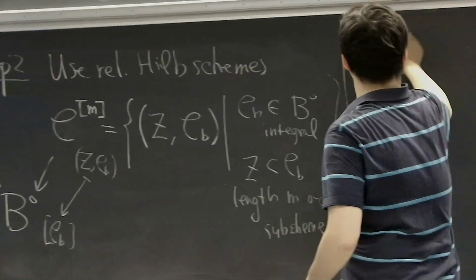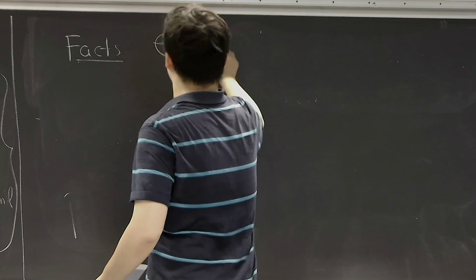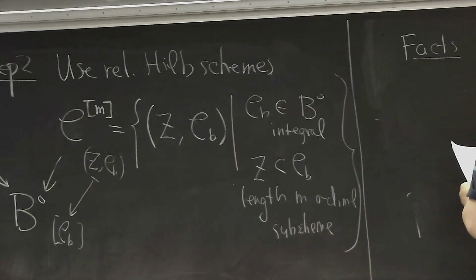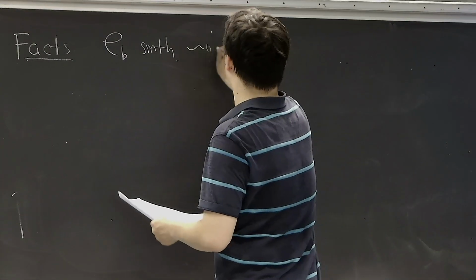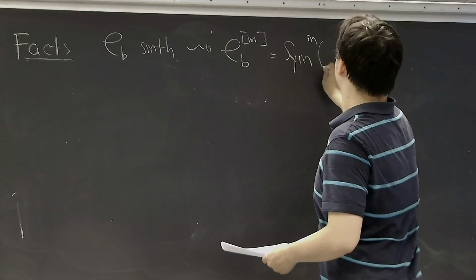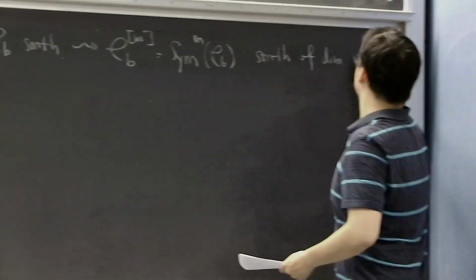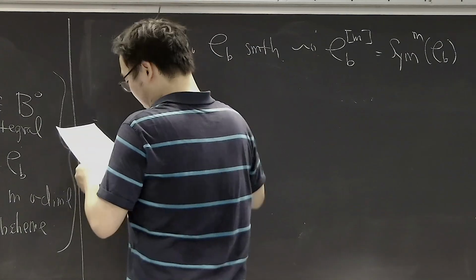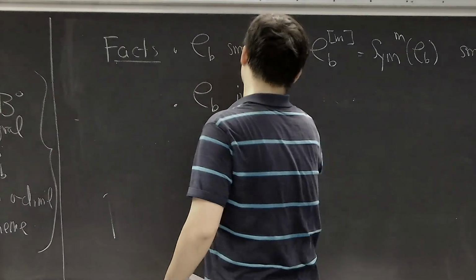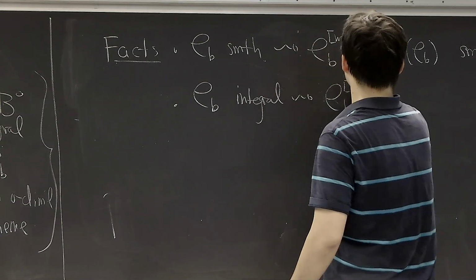Some facts. If CB is smooth, so over a smooth curve here, the corresponding fiber is just the symmetric product of this curve, which is smooth, of dimension M. But for non-smooth ones, if this is integral, this is no longer smooth, but this is irreducible.